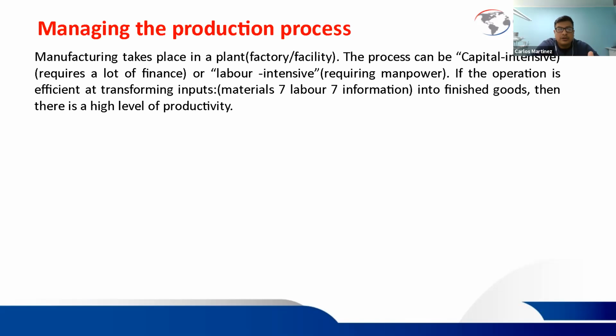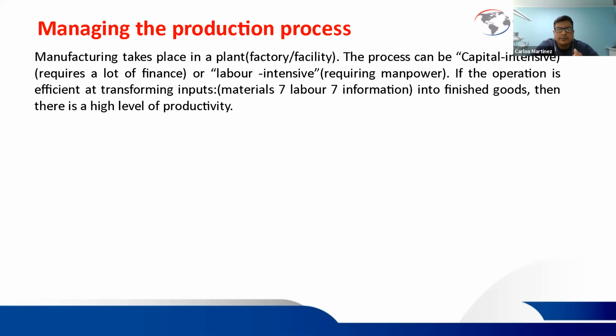The operation is efficient at transforming inputs, meaning materials, labor, and information, into finished goods. Then there is a high level of productivity. So if the operation is efficient at taking the raw material and transforming it into a finished product, then it has a high level of productivity. So we mentioned three things here.